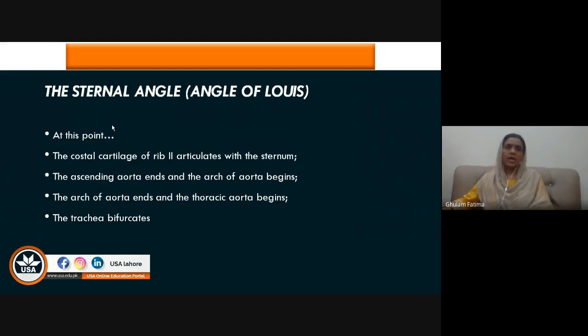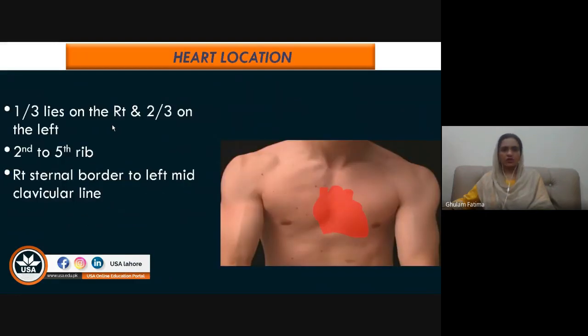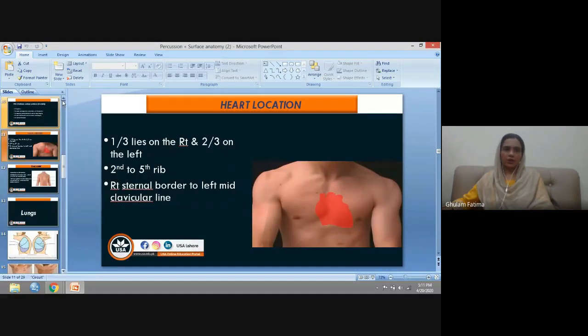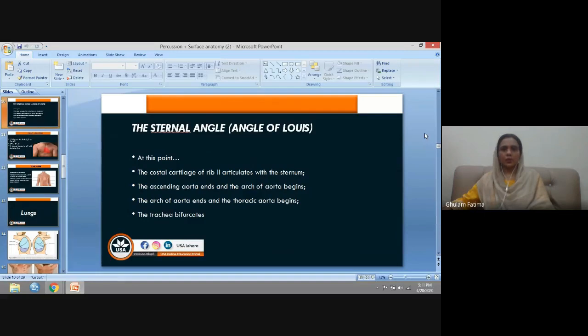Moreover, this is the point where your ascending aorta ends and the arch of the aorta begins. At the same point, the arch of the aorta ends, and your descending or thoracic aorta begins.